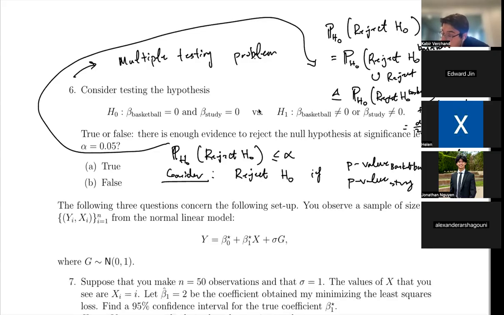Okay, so whatever testing procedure we just defined, in particular this testing procedure here, now has type 1 error control at the right level, alpha equals 0.05.